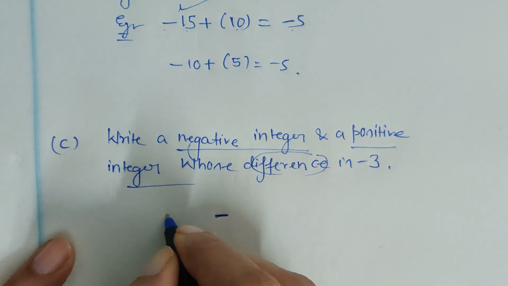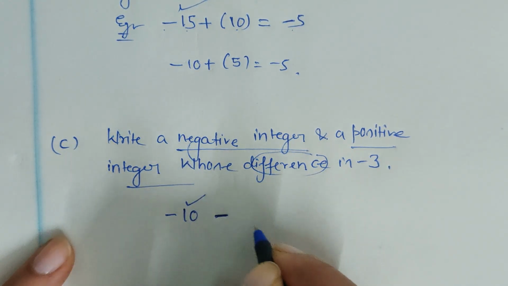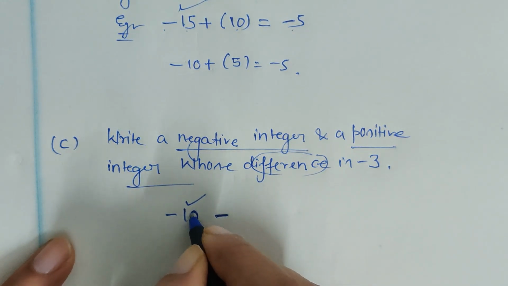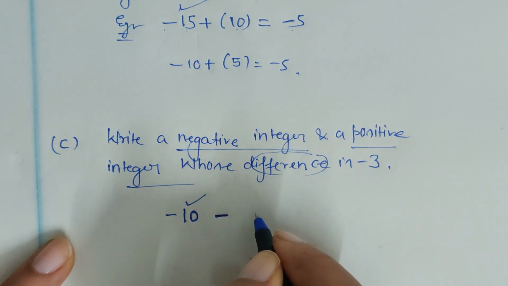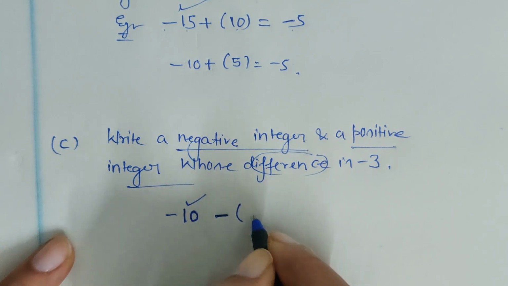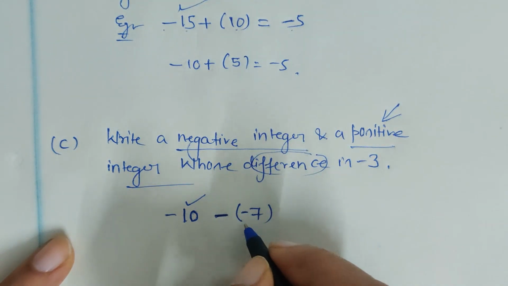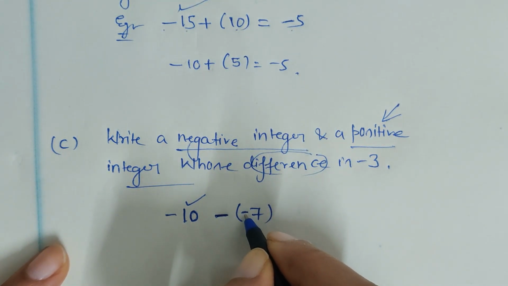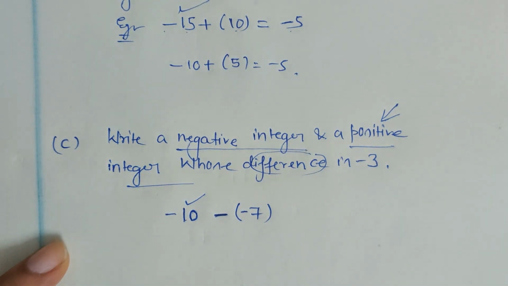So if I put minus 10 as one integer, the difference of minus 10 with which number gives us 3? Obviously 7. 10 and 7 difference is 3. So here I'll write minus 7, but it has to be a positive number, right? So I cannot take this as minus 7.